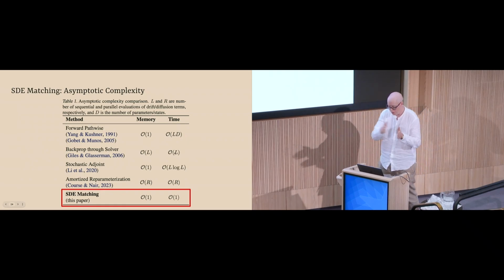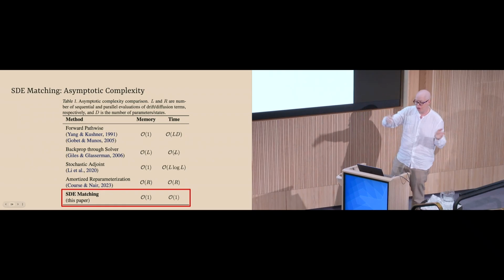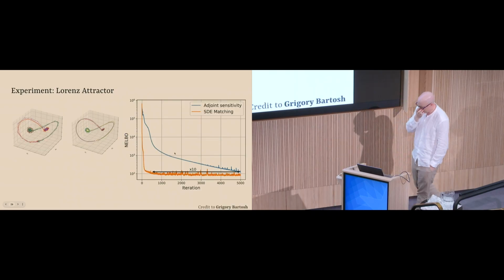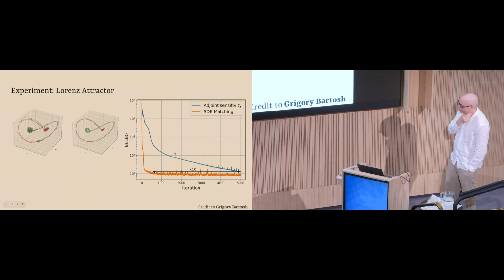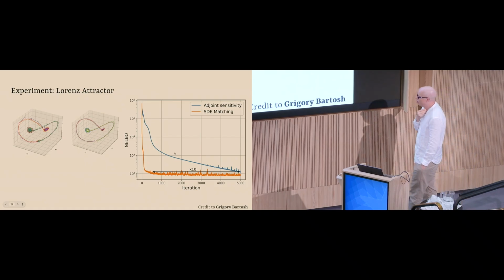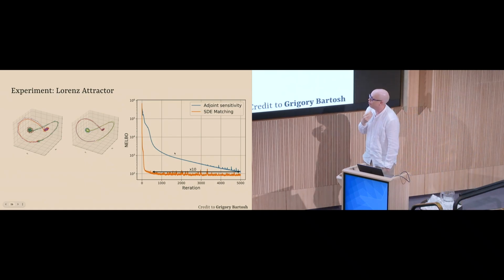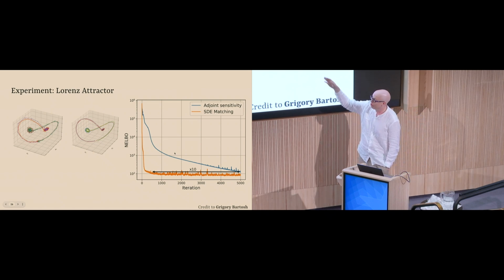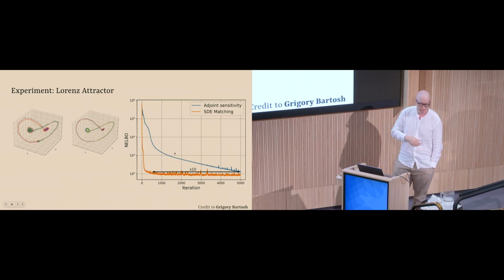Whereas backpropping through the solver requires a lot of memory and time complexity. So if you look at this Lorenz attractor, going back to that example, we see speedups of over 10x in number of iterations till convergence, but each iteration here is also 10x faster.